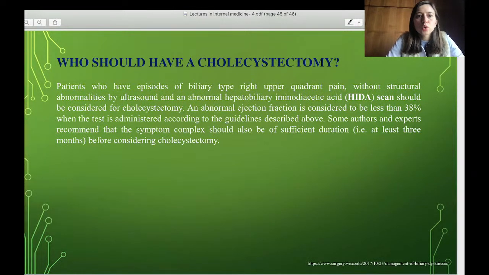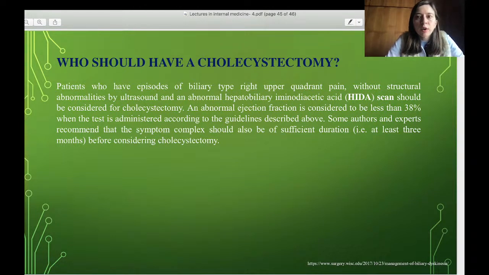And who should have a cholecystectomy? Patients who have episodes of biliary-type right upper quadrant pain without structural abnormalities by ultrasound and an abnormal hepatobiliary iminodiacetic acid scan should be considered for cholecystectomy.